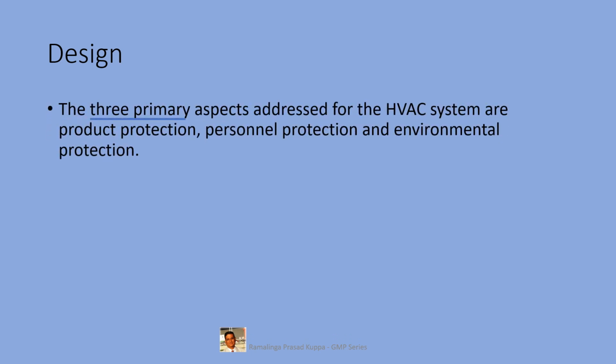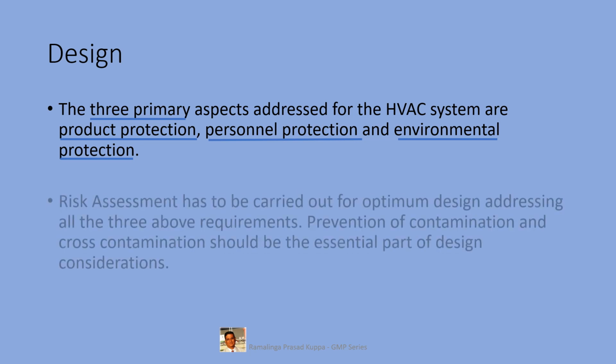Let us look into the design aspects. The three primary aspects addressed for the HVAC system are product protection, personal protection and environmental protection. As discussed above, in addition to the protection of product and comfort to the operator, protection of environment is also an important aspect of HVAC systems.